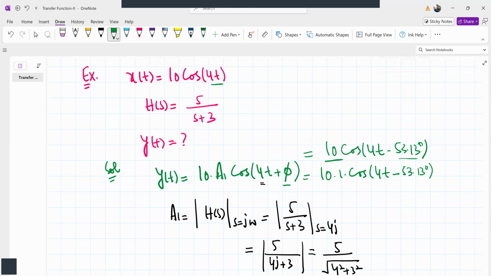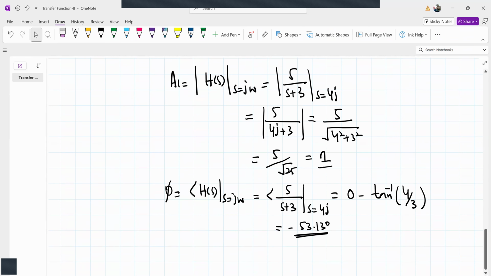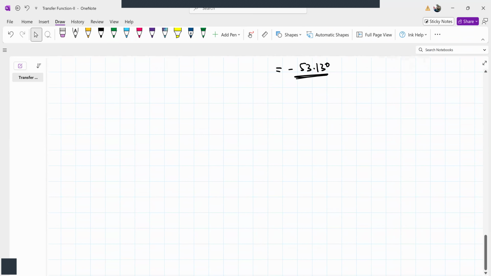Okay. Now suppose we have 2 or more sources connected to a network, and we have to use a transfer function approach. Right? So we don't have one input, we have multiple inputs connected to a network, and our goal is to find the output.